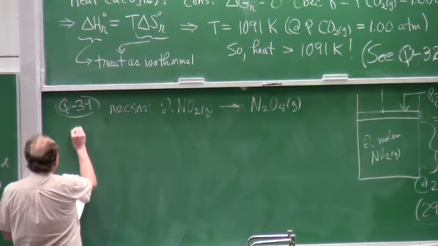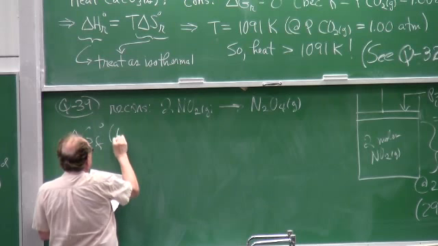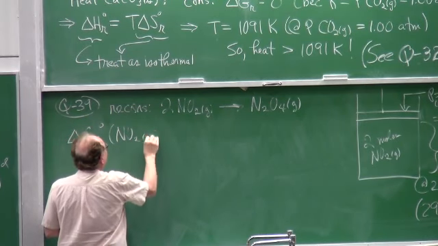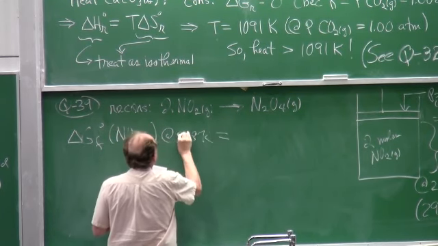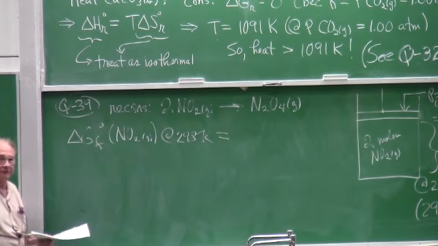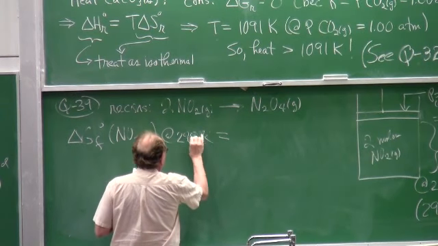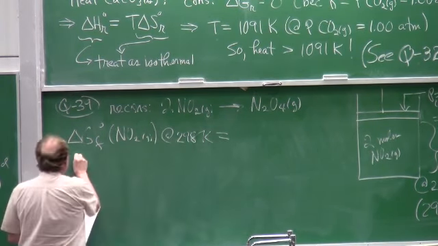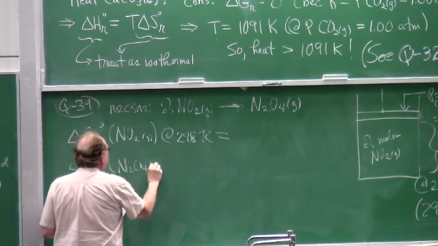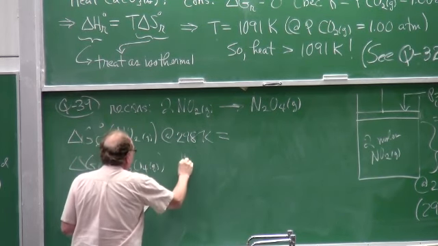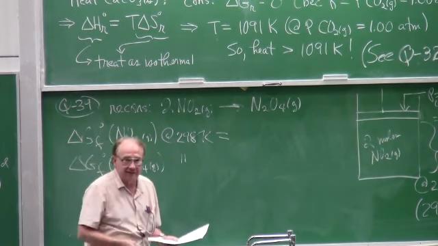Here's what we need. The standard free energy of formation for NO2 gas at 298 K. And the standard free energy of formation for N2O4 gas at 298 K. We'll just take the data straight from Table 1.